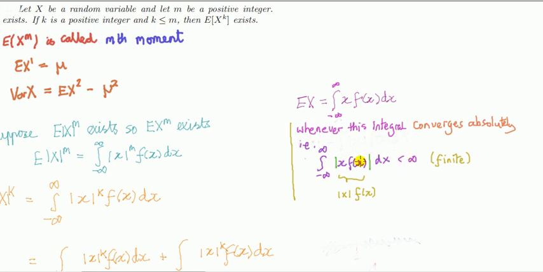Notice since the PDF is non-negative, when you take the absolute value it really means you just take the absolute value of x, because x could be anything from minus infinity to plus infinity. So this condition is what we call absolute convergence. This converges absolutely. It's a result from real analysis, so if you're doing that in college, look out for it.